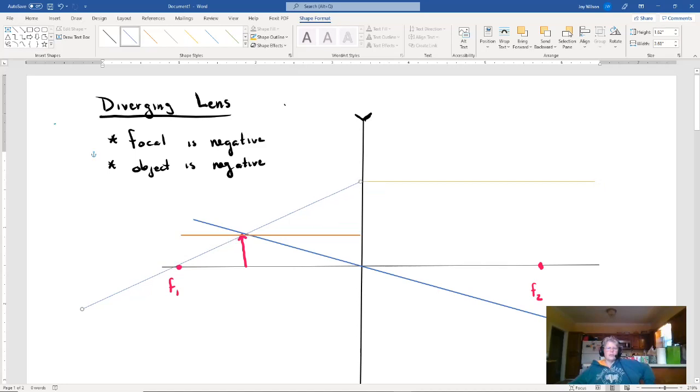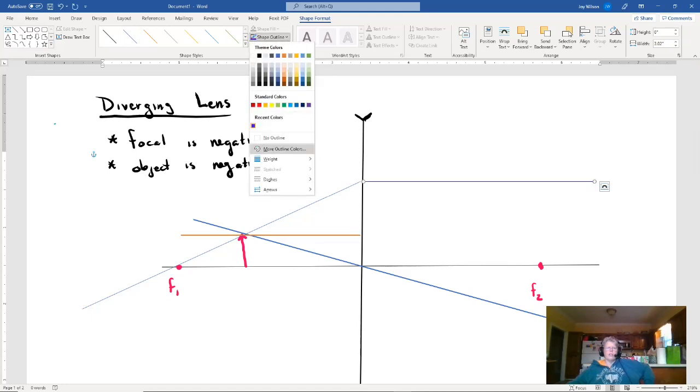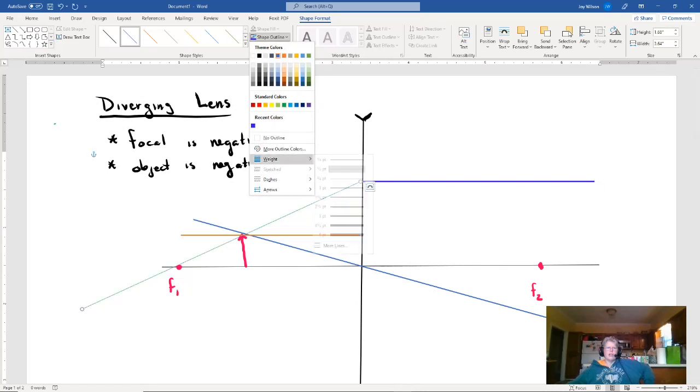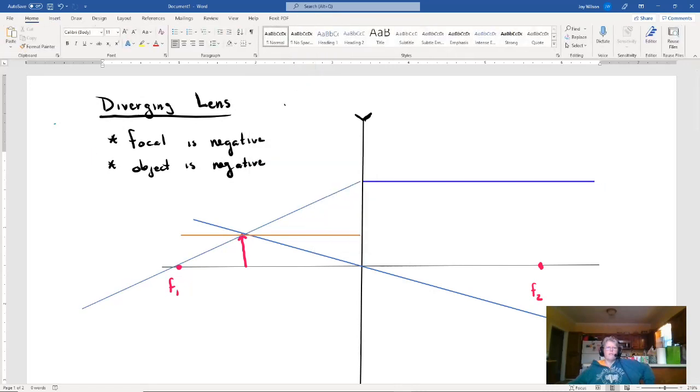Those two are doing what they're supposed to. That one's going to come out parallel. Let me get this one. Oh boy.